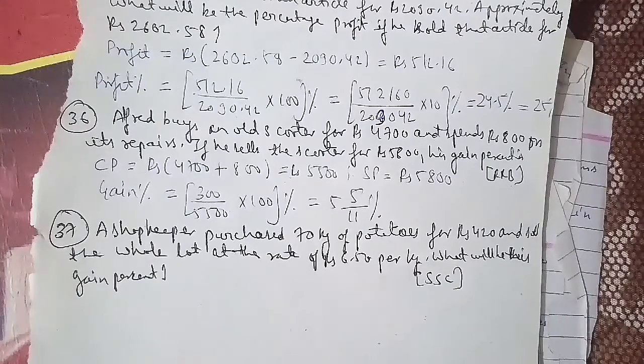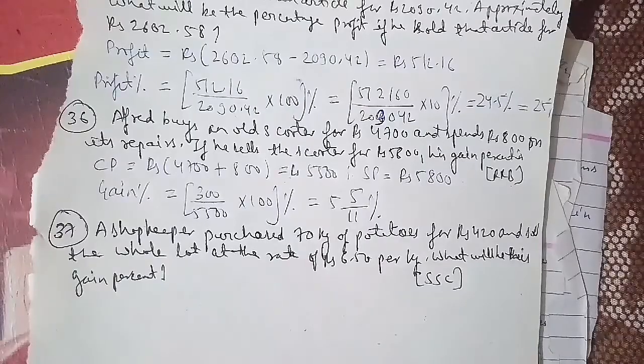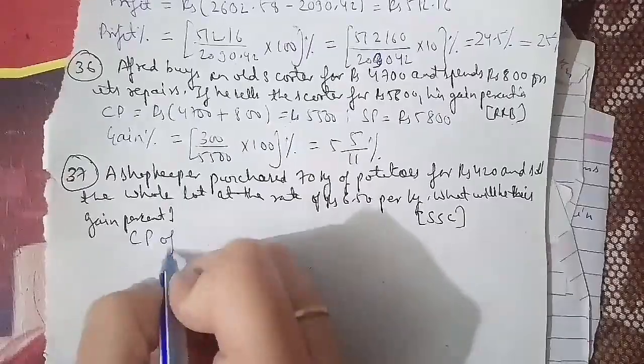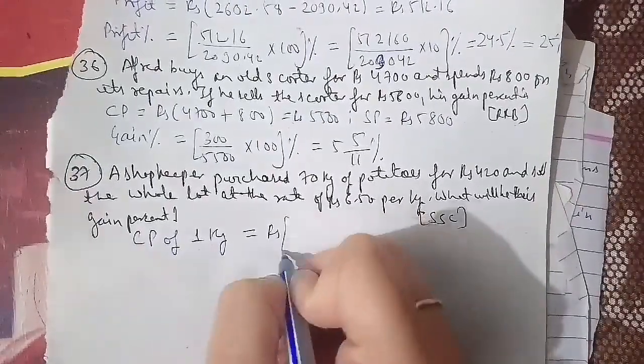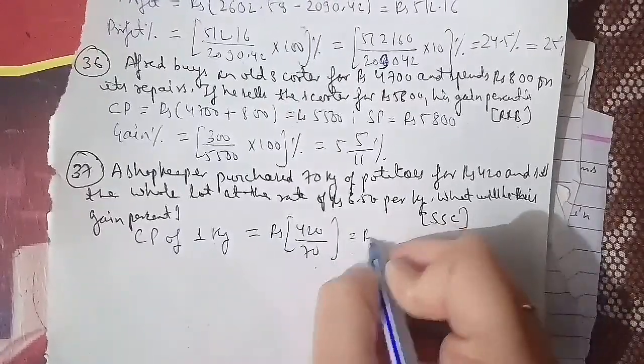The options are 4 1/6%, 6 1/4%, 8 1/3%, and 20%. So we go ahead for the solution. CP of 1 kg equals rupees 420 upon 70, equals rupees 6.